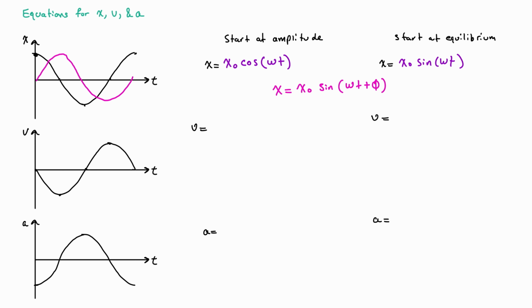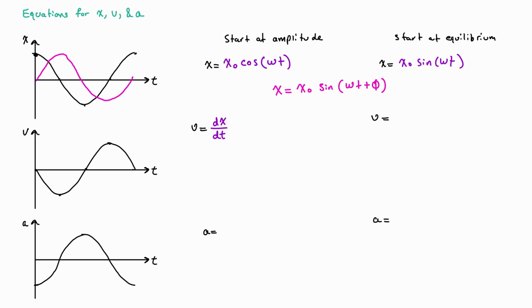So now that we have an equation that explains where the position of the particle is at all times, we can figure out what the velocity is as well. And we have to use a little bit of math here. So we know that velocity is the derivative of the position with respect to time. And if we take the derivative of this function, we have a constant angular velocity because the period is also constant here.